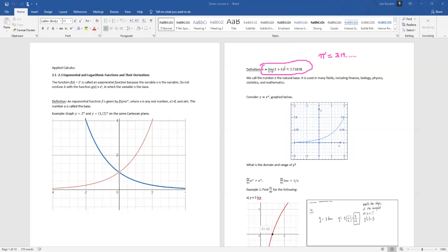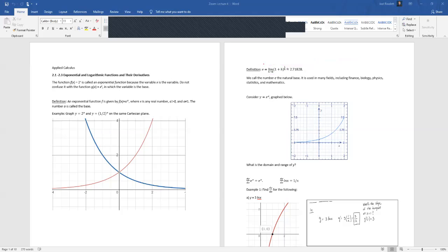And the same thing with the number e. You don't have to worry too much about this. Worry more about this. e is approximately 2.71828. And e is a natural base that happens to be very conveniently found throughout nature.